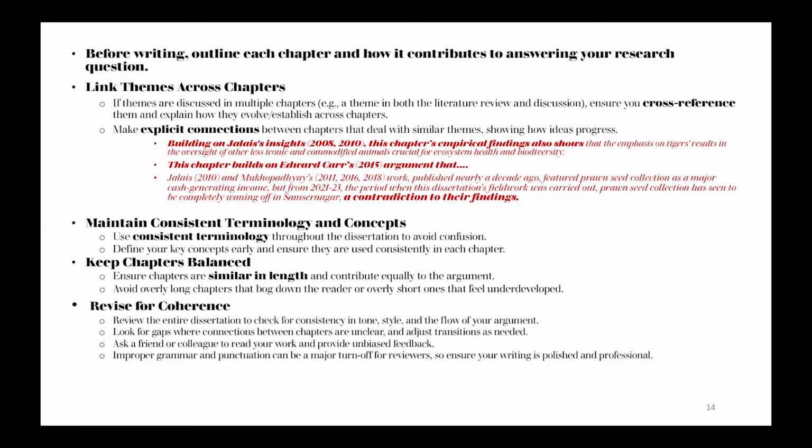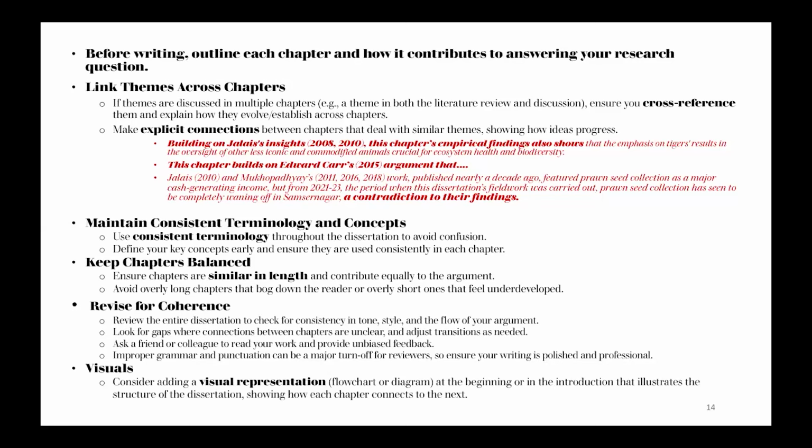Similarly, one important thing is that if you use some visuals, or if you are writing an ethnography and don't have quantitative data, it is good to use some flow diagrams. It helps the reader connect to your work.